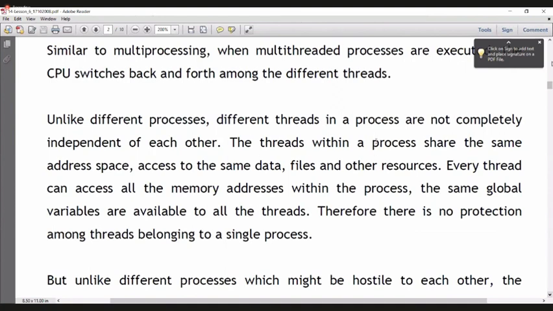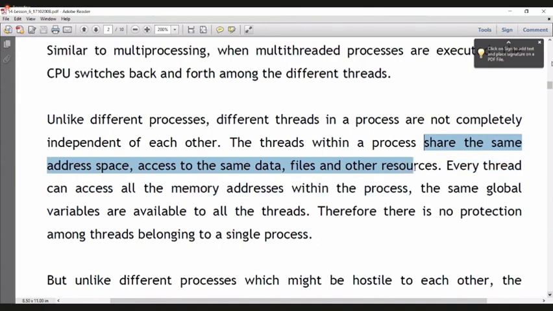They have to share the same memory: the same address space, access to the same data, files and other resources. Because threads live inside the process, whatever the process has, the threads can access. So threads share the same address space, same memory, and so on, right?